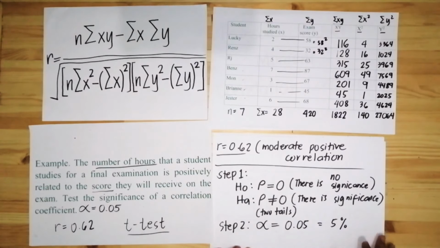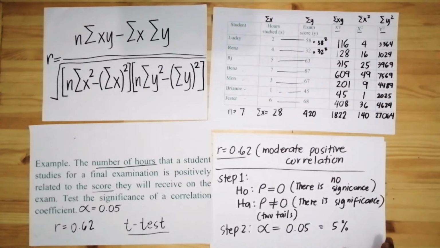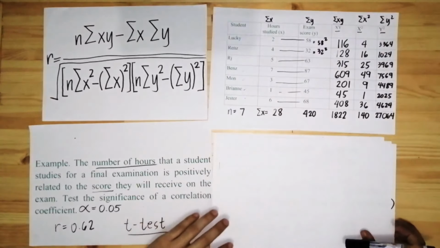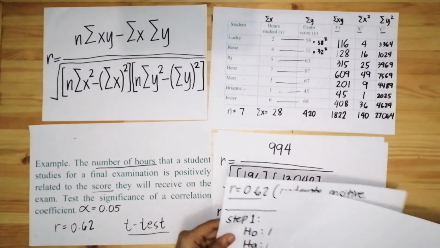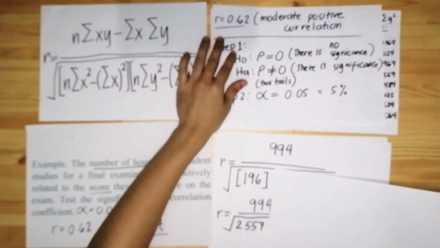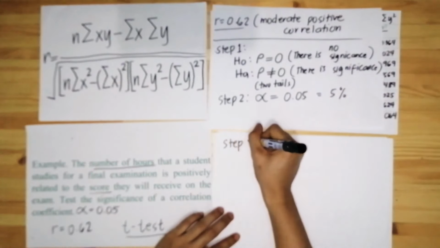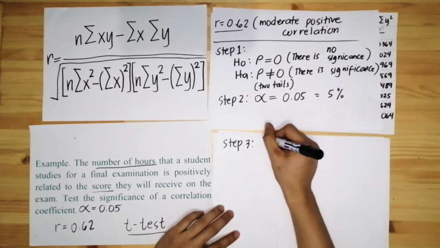So, parehas lang yan. Sa step 3 natin, kailangan natin isolve yung value ng t. Meron tayong tinatawag na t value. So, sa step 3, lagay lang natin ito dito. Step 3 is for the t value.